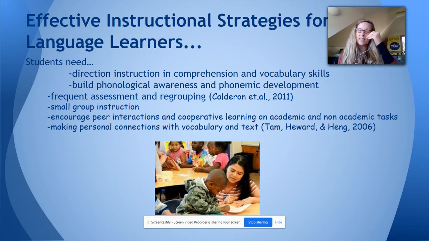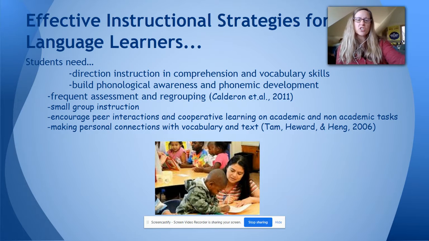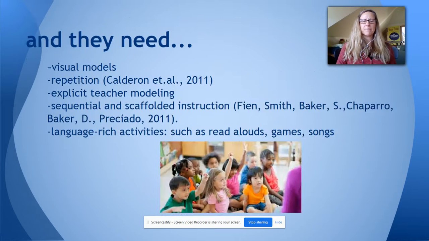And especially in learning English, because a lot of our language is phonetic, unlike Japanese or Chinese, or languages that are symbol-based, we are a phonetic-based language. So we really have to help kids develop phonological awareness and phonemic development through things like small group instruction, encouraging peer interaction, and making personal connections with vocabulary and texts.